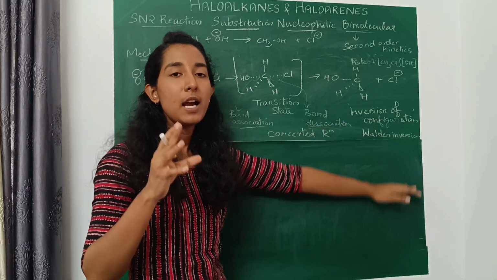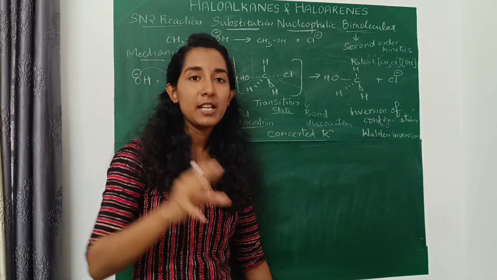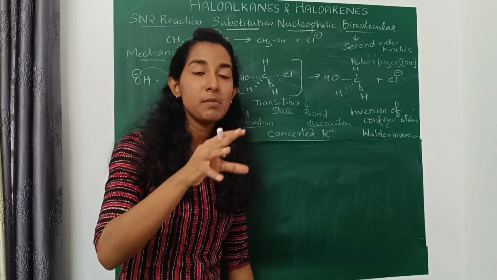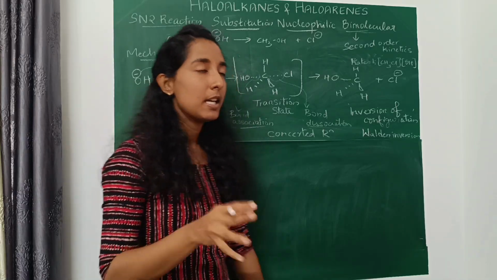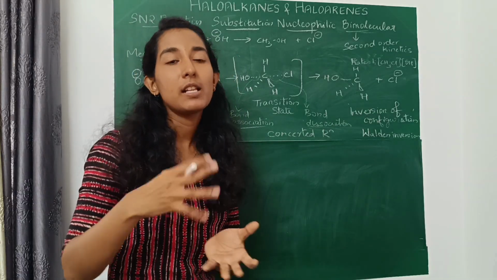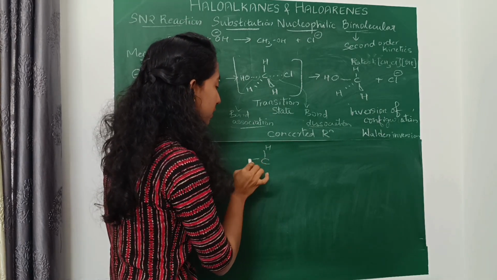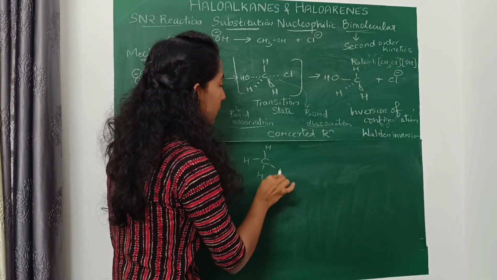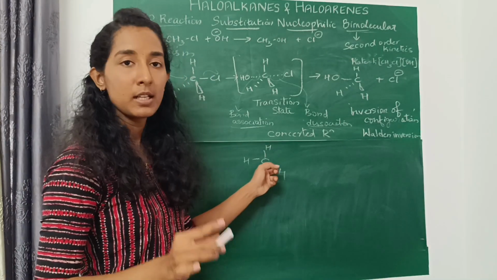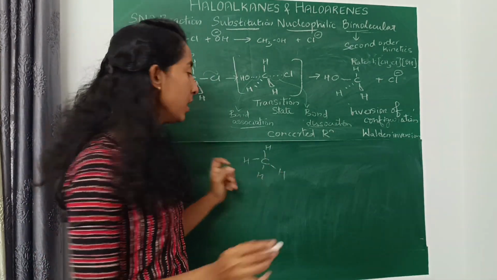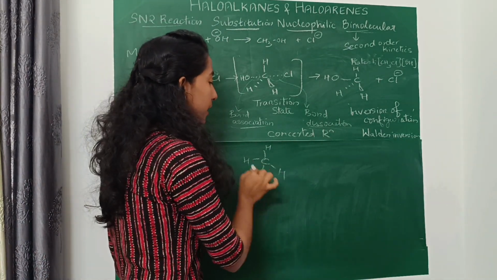Configuration is basically how the atoms are attached to a central carbon, especially the spatial arrangement of atoms. You can see this is a carbon, and here you have hydrogens. This is the central atom, and this carbon is attached to these atoms.